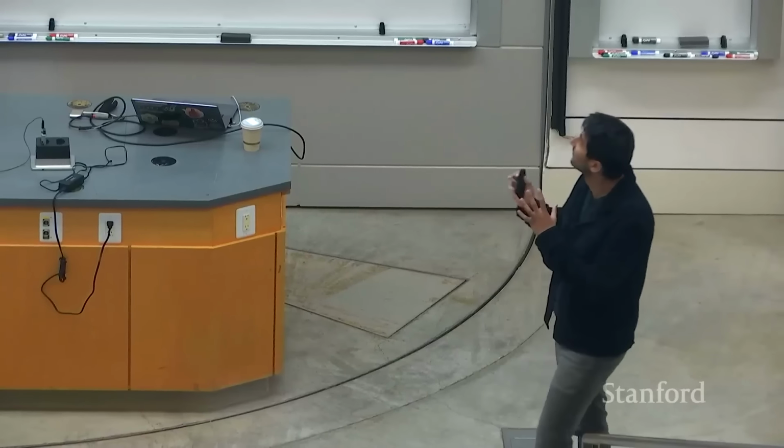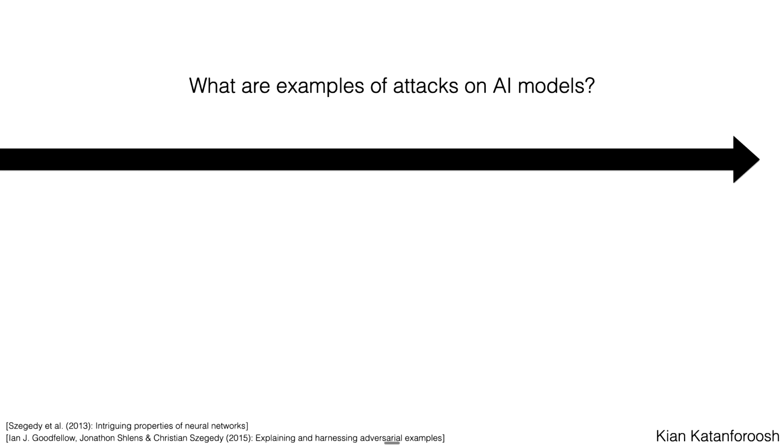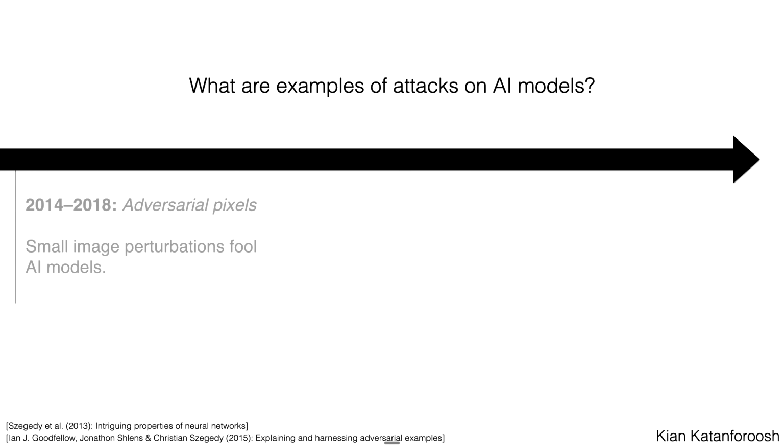I would say that in the space of adversarial attacks, we've had three waves over the last 10 years. In 2013, Christian Szegedy, with a great paper on the intriguing properties of neural networks, essentially tells us that small perturbations, let's say to an image, can fool a computer vision model.